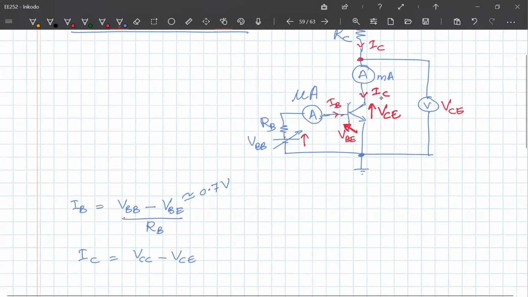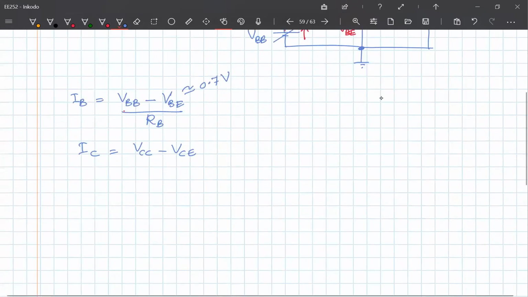This is basically Kirchhoff's voltage law applied to the external circuit, where there is no voltage drop across the milliammeter, because it has almost 0 resistance. So this is valid under any circumstances.